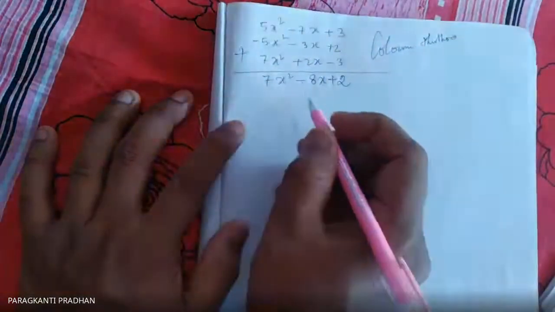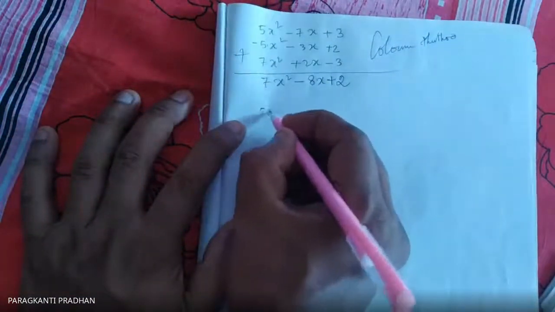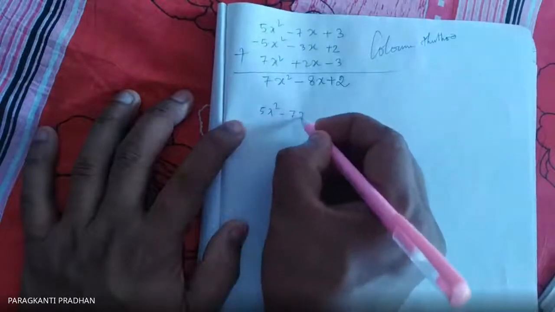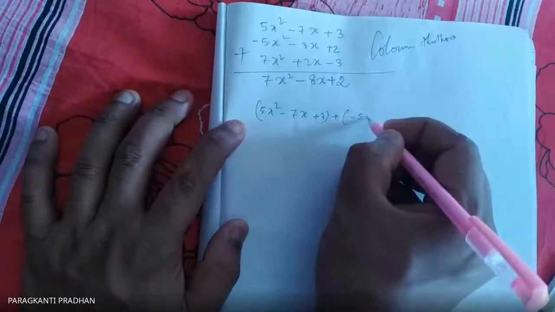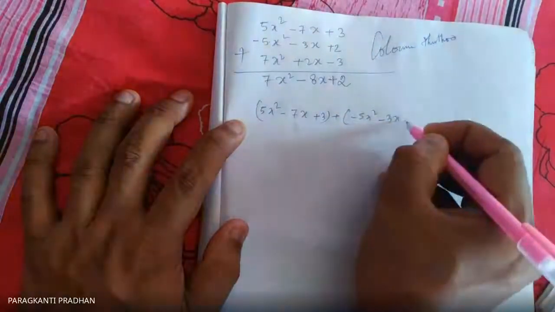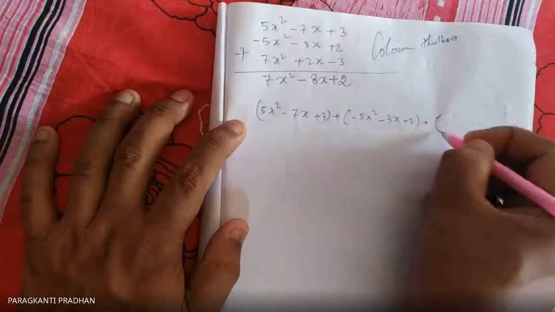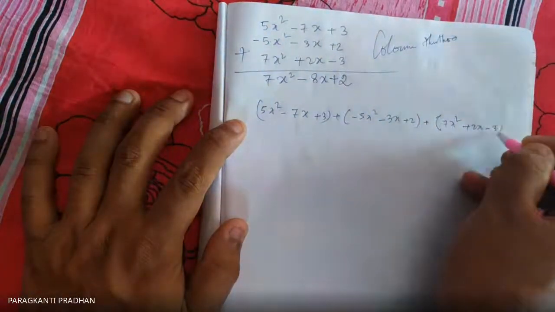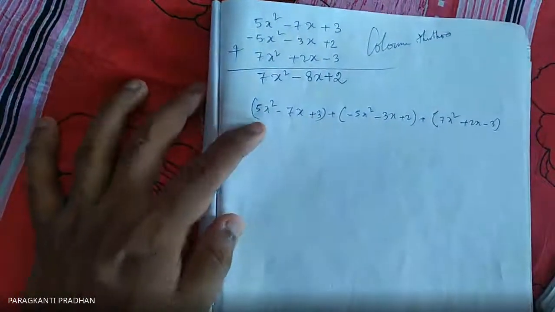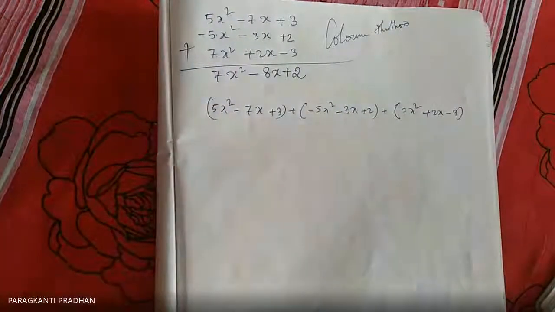Now another one is 5x square minus 7x plus 3 plus minus 5x square minus 3x plus 2 plus 7x square plus 2x minus 3. This is the row method.